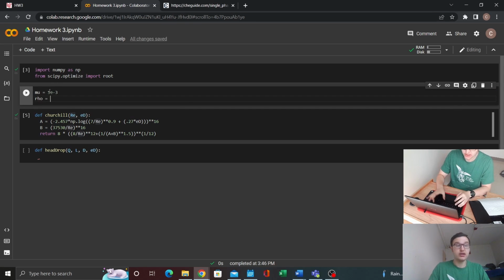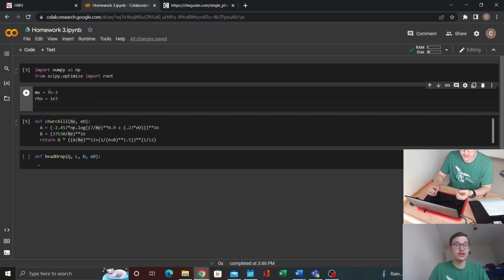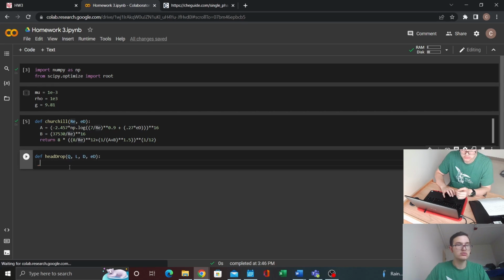The density of water is 1e3, or 1,000 kilograms per cubic meter. And then we want G, and our gravitational constant is just 9.81. All right, so we have that. We want to define the head drop.